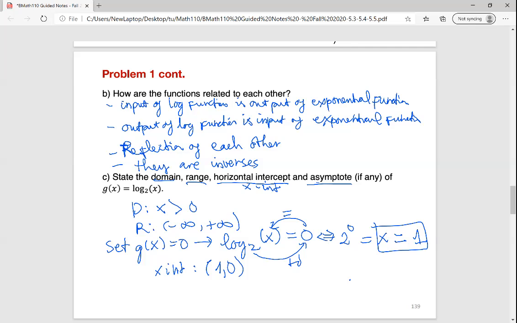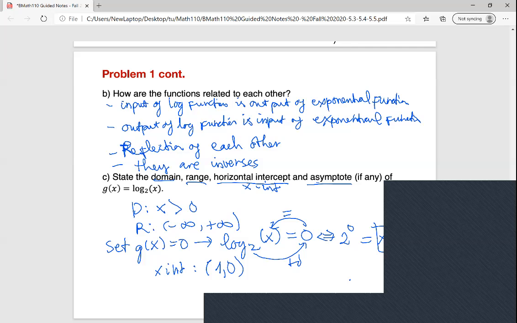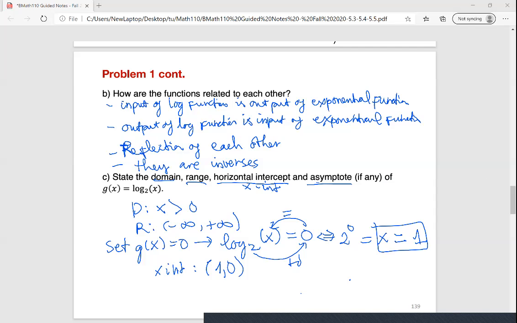For the asymptote, it will be y equals 0. I mean x equals 0, because why? In the exponential function, you have the horizontal asymptote.